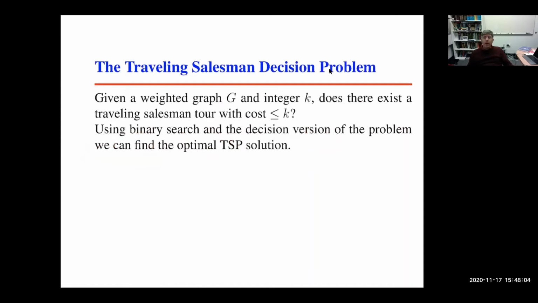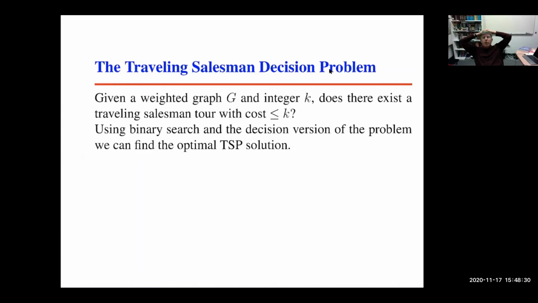What is a problem that returns an answer of yes and no that captures the hardness of traveling salesman? The traveling salesman problem said, find me the cost of the cheapest tour to visit all the vertices.